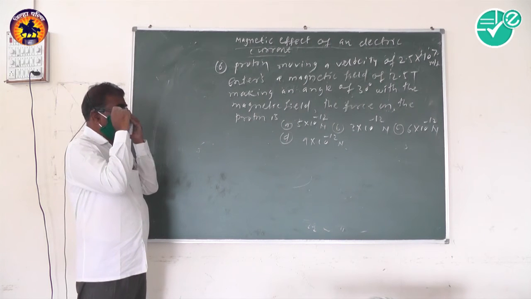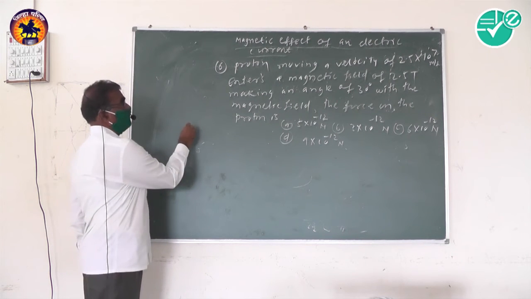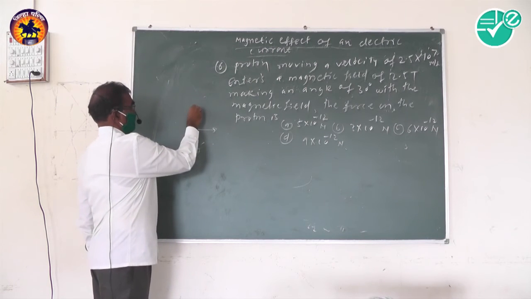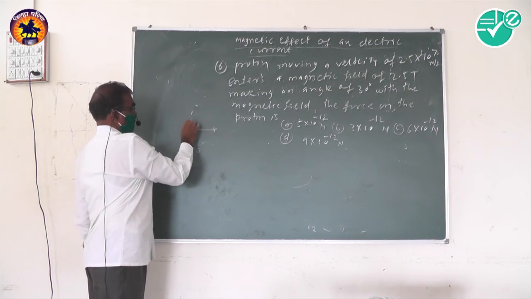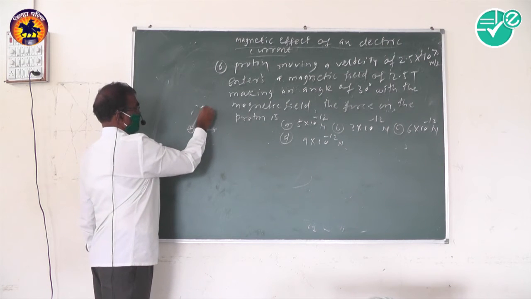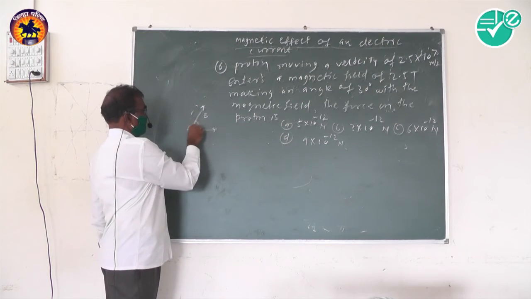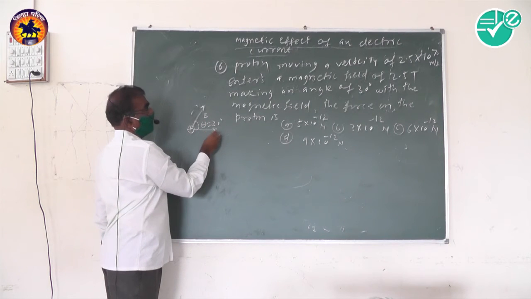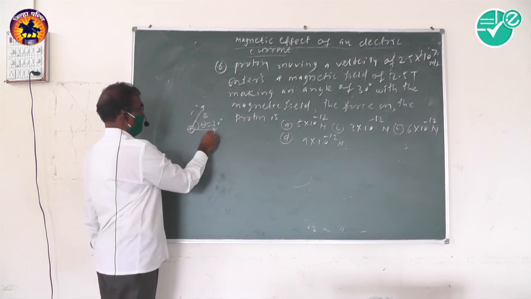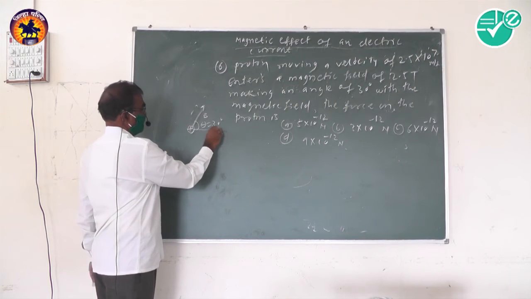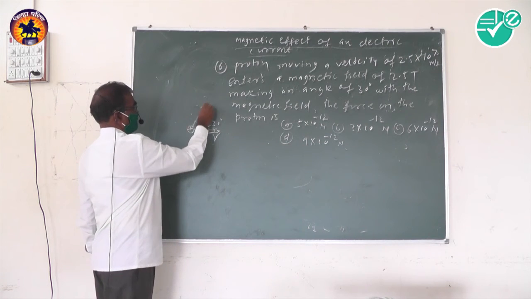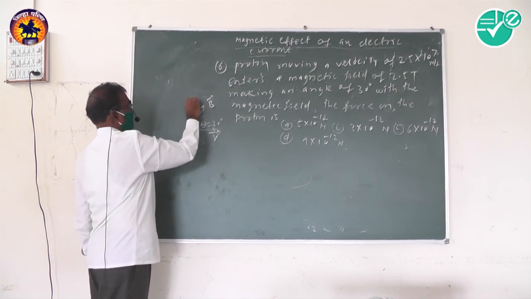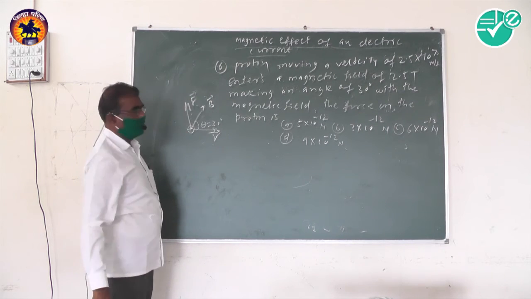A proton, that is the positive charge, is moving with a velocity 2.5 into 10 raised to 7 in an external magnetic induction B. It makes an angle theta of 30 degree with the direction of the external magnetic induction, and we need the force exerted on the proton.